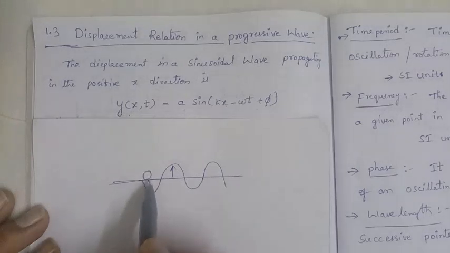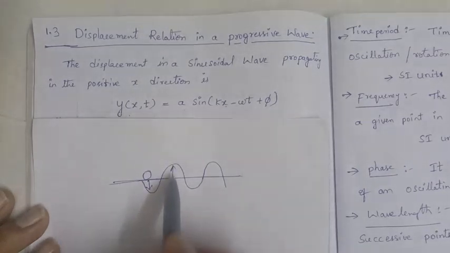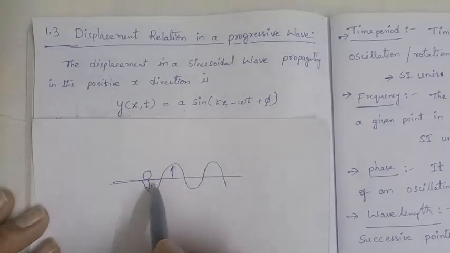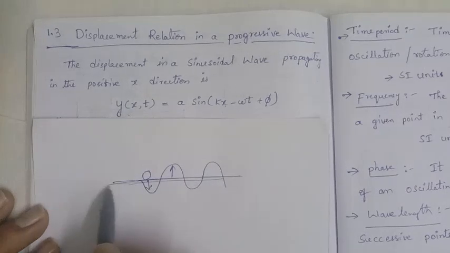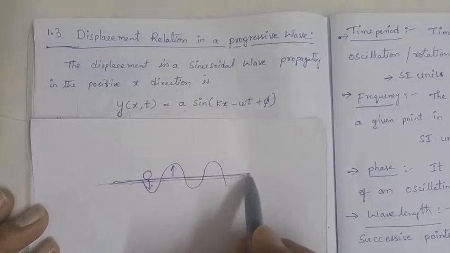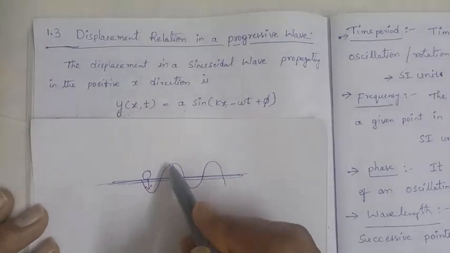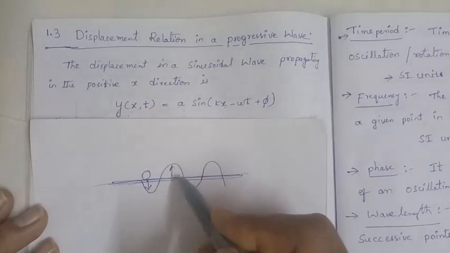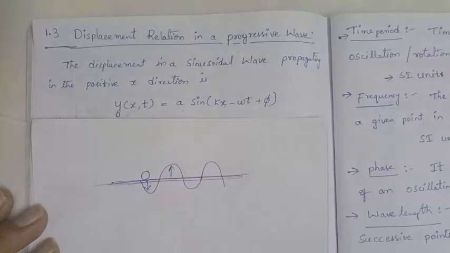The particles are doing oscillations or vibrations on both sides of the x-axis, or both sides of the equilibrium position. So the particles are vibrating on both sides of the equilibrium state.